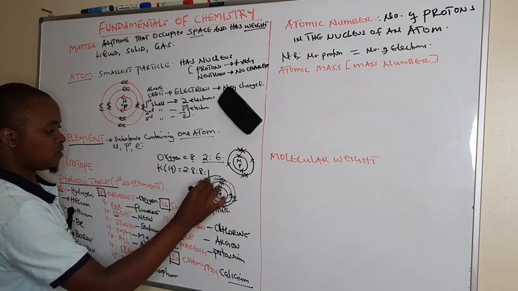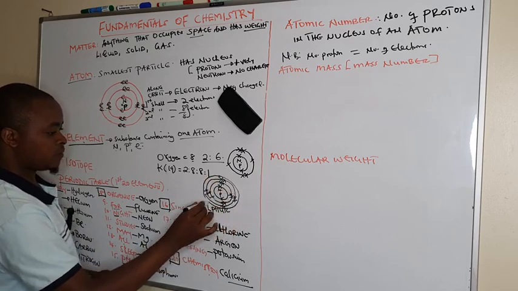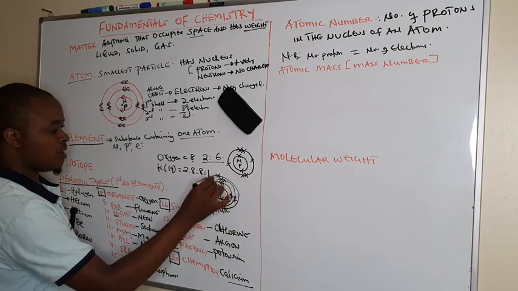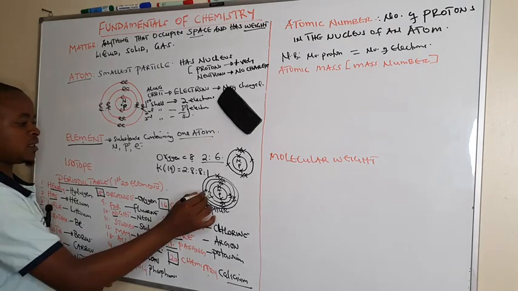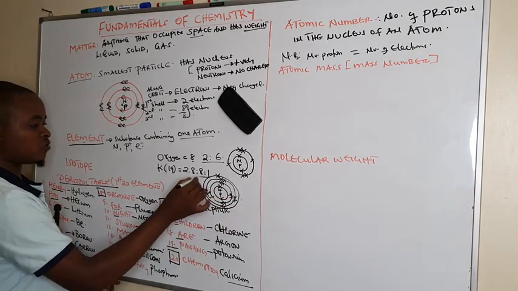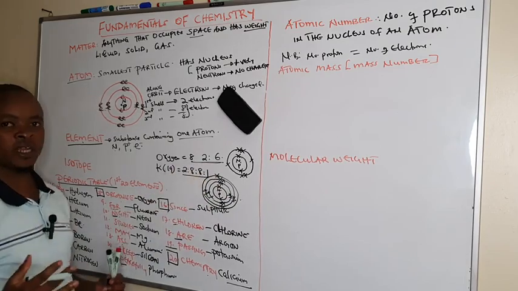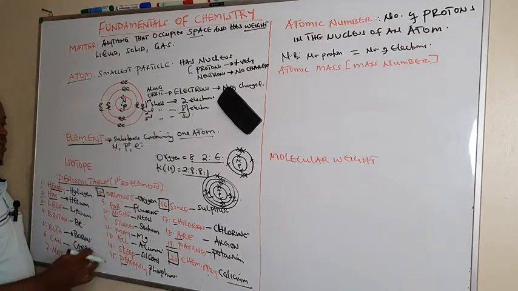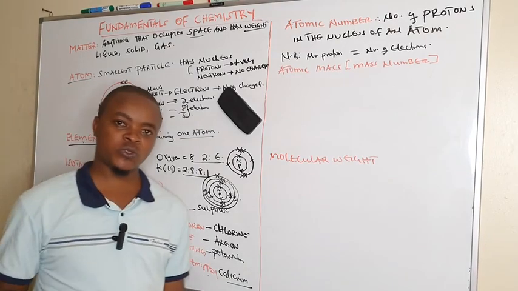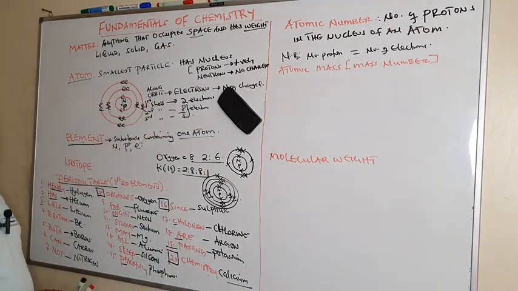Then the last one accommodates only 1. So this is its structure. So you can easily get the electronic configuration if you know the atomic number. And atomic number is determined by the number of protons within the nucleus of an atom.